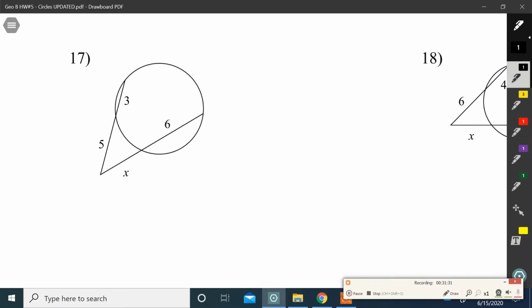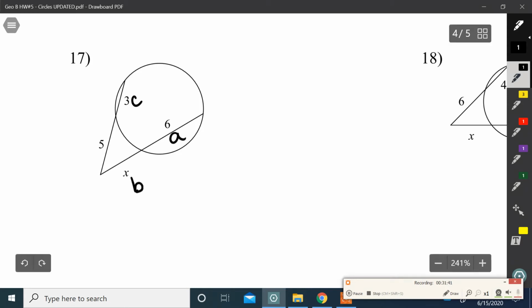Okay, the formula, once again, where you're going to be using the two secants. We have that this is B, this is A, this is our C, and this is our D. So the way I set it up is like this.